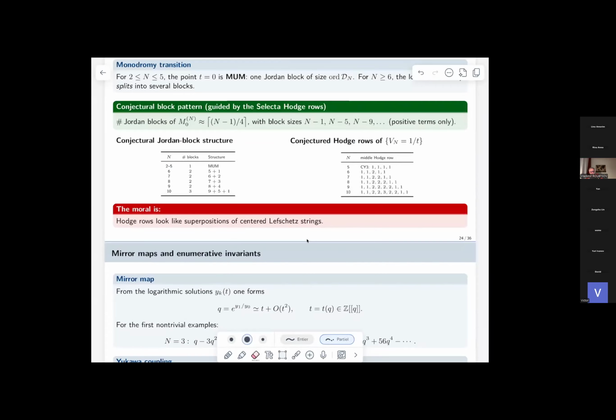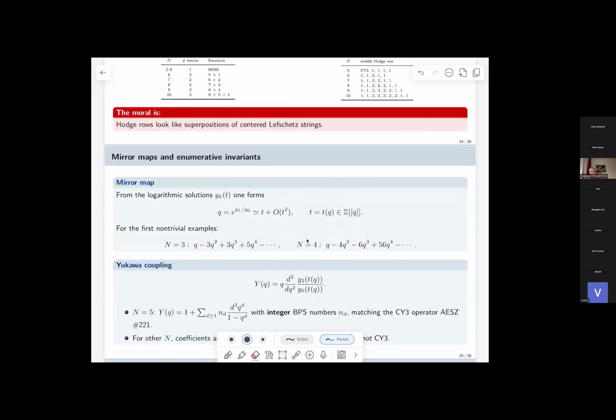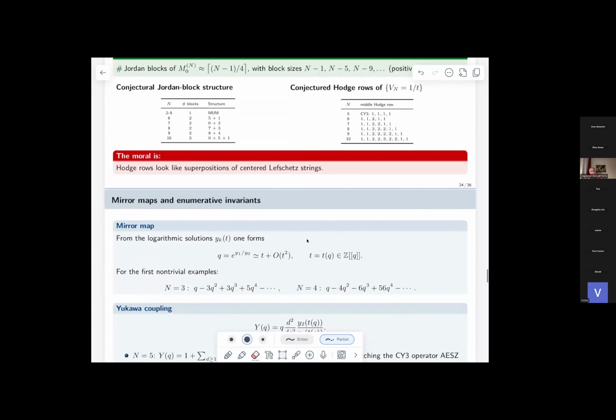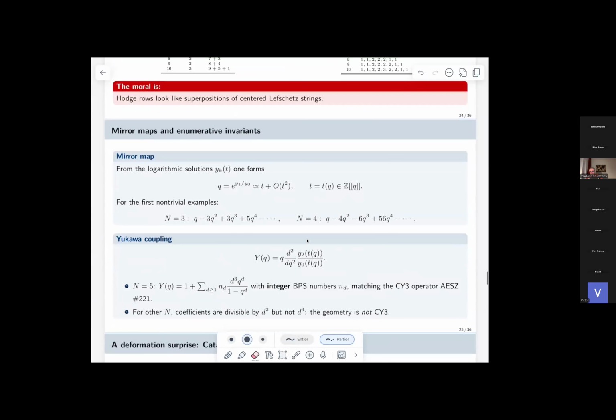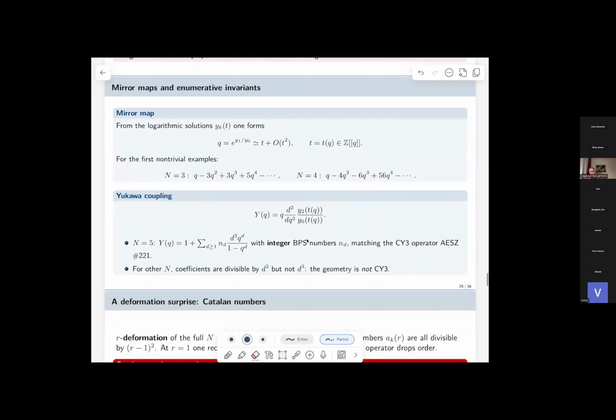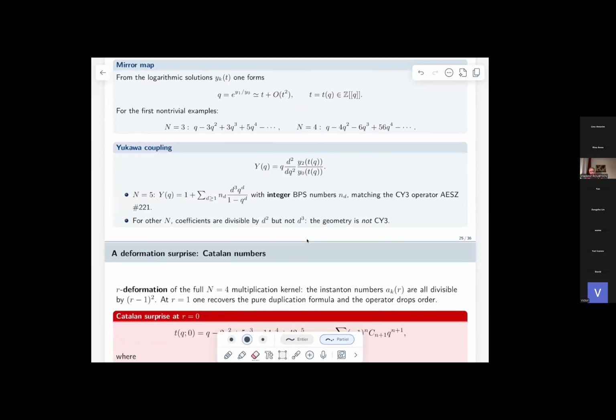You can ask why are you interested in this? The answer is the following. I want to have some kind of enumerative invariants like in the mirror case. For example, for the case of n equal to 5, when I have MUM, I can do the same things like was done by Candelas and co-authors, and define this Yukawa coupling and obtain an integrality condition and obtain a kind of instanton numbers.